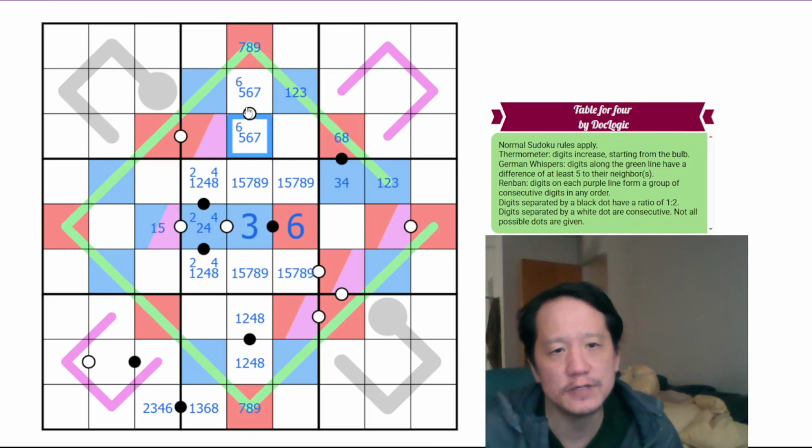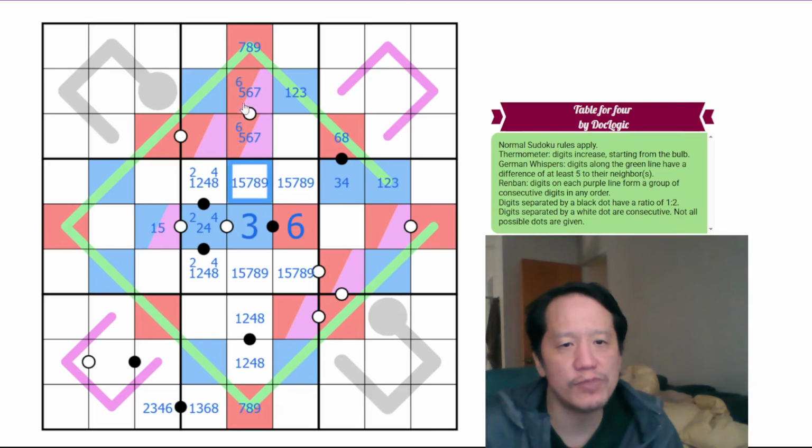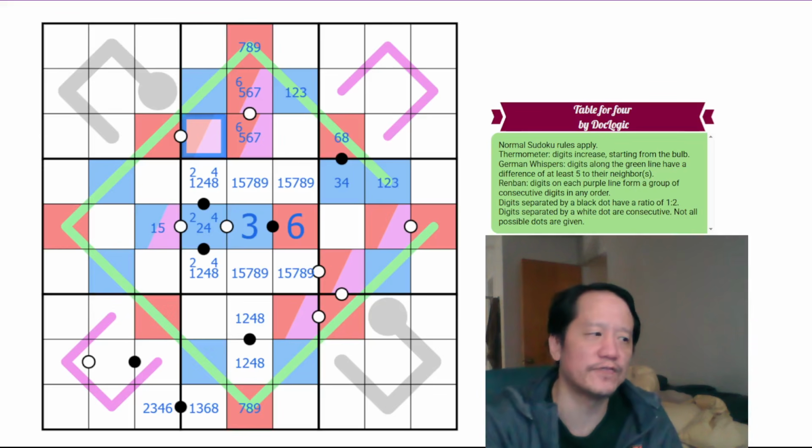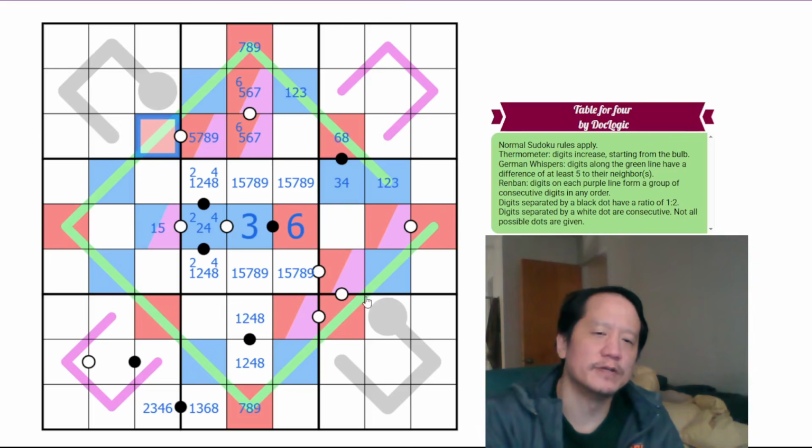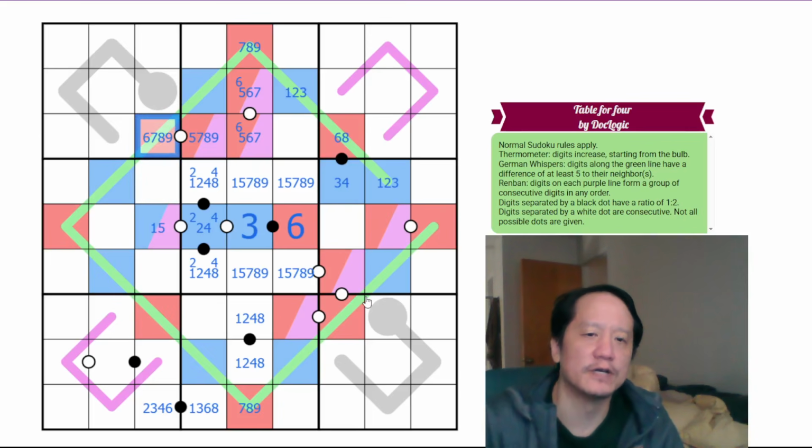So that means this is high or 5, also in this box. This cannot be 6, so it's 5, 7, 8, or 9 there. That means this still could be 6, 7, 8, 9.